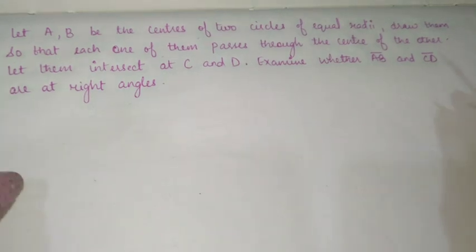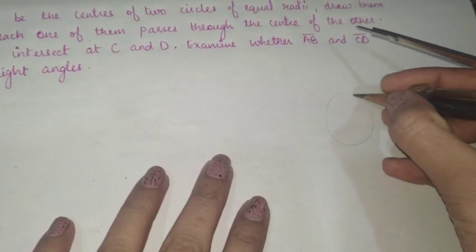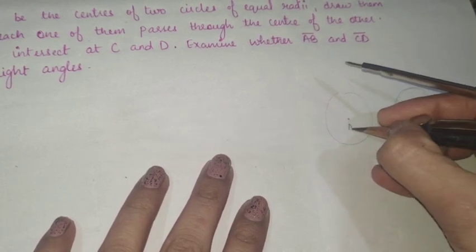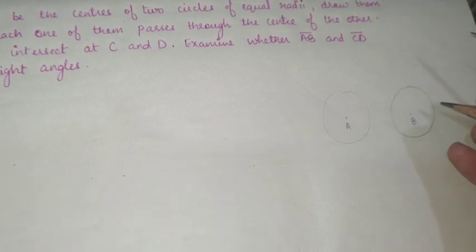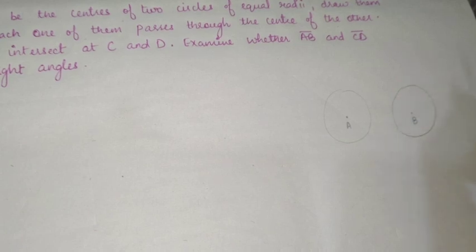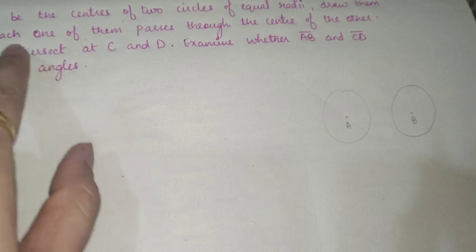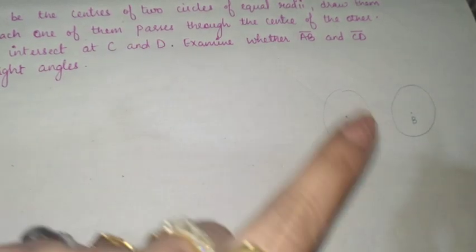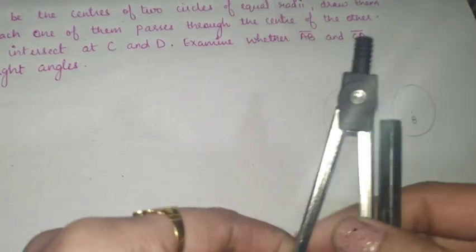So they are saying you are supposed to draw 2 circles of the same radius, but with different centers, with different names of the centers. For one it's A, for the other one it's B. But the condition they have imposed is that each one of them passes through the center of the other. So you can't draw these circles like this.